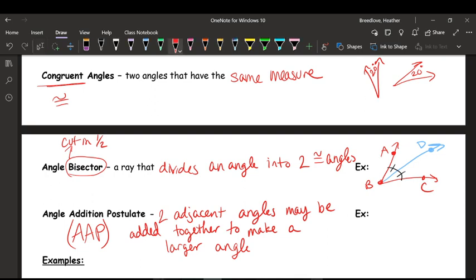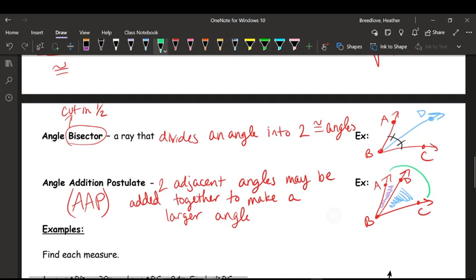So, the same image just above, right? If I have A, B, and C, but this time it's not a bisector, it's just another line, call it D. So I could take this purple angle and add it with this blue angle to form the entire big angle, the green angle.